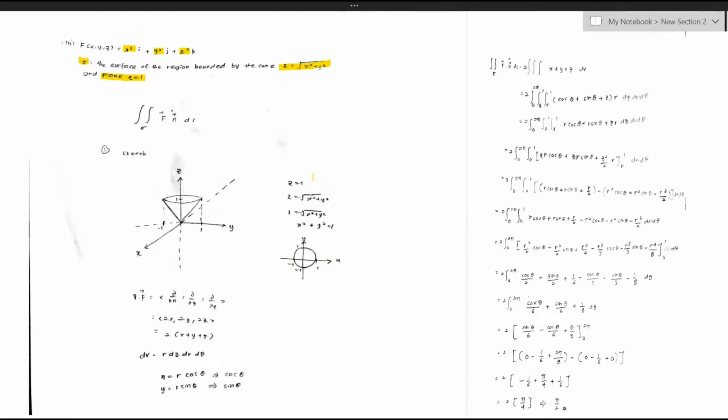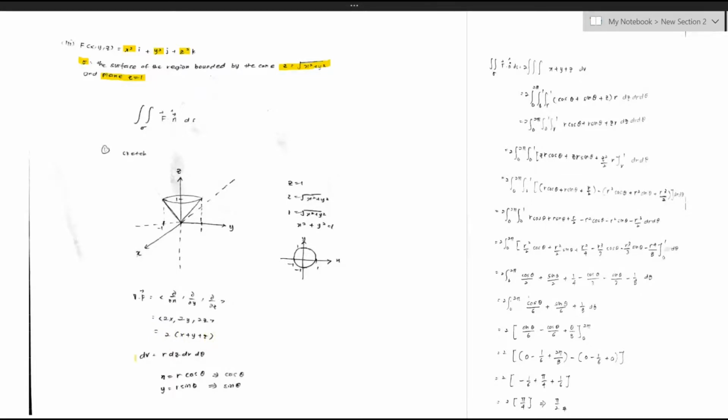For the surface of the cone, we put the 1 into z in the cone equation. So we get the circle equation, x squared plus y squared equals 1. So we sketch it like this. And for the divergence of F, we get 2 times (x plus y plus z).